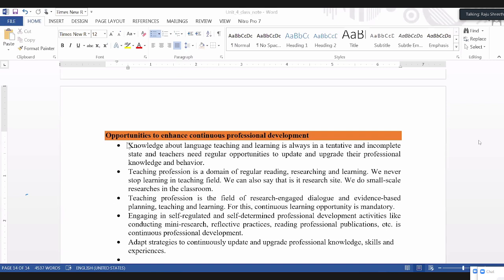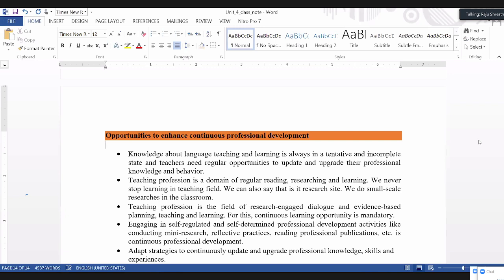Okay, thank you. Now, what do we have to understand in opportunities to enhance continuous professional development? What we have to keep in mind is that the teaching and learning process is always incomplete. It is tentative. Our teaching behavior becomes incomplete, not perfect and final and abstract.